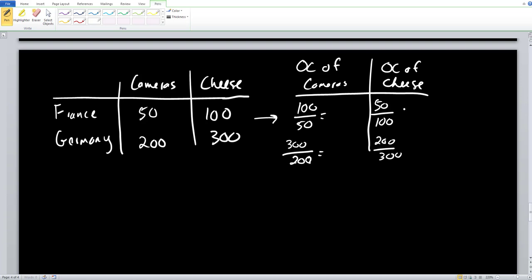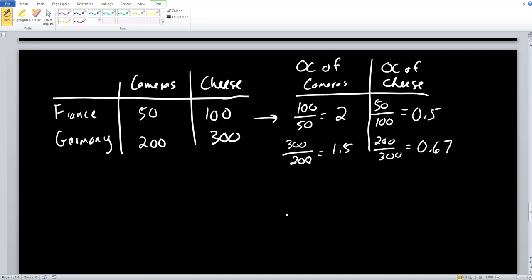We'll just simplify all these numbers out in order to find the opportunity cost of each of these goods. 100 divided by 50, that'll give us 2. 50 divided by 100, that'll give us 1/2. 300 divided by 200, that's 1.5. And 200 divided by 300, that's 2/3, so 0.66667, we'll round that to 0.67.